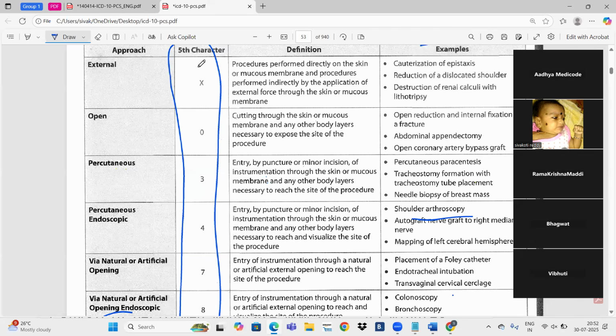Through the vein only they will transfuse the blood. Yes or no? So they are puncturing the vein with a needle. So it is percutaneous. If they want to remove fluids or gases from the body, how will they remove them? They will puncture that area and remove the excessive fluids or gases. You have seen thoracentesis in a lot of movies also.